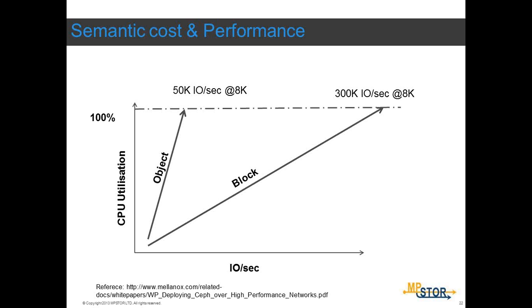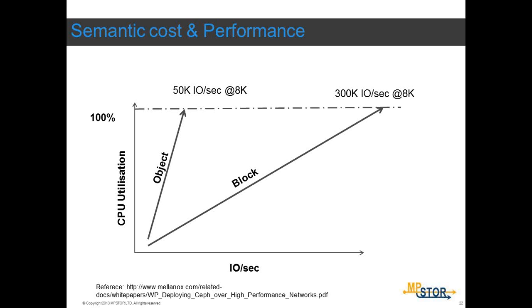And 50K IOs at 8K is a data point that we've measured and validated using HDD technology in sequential, and you still get the same number if you run random on solid state disk.